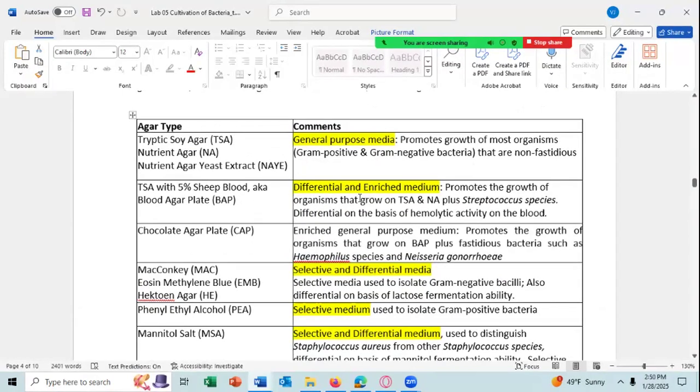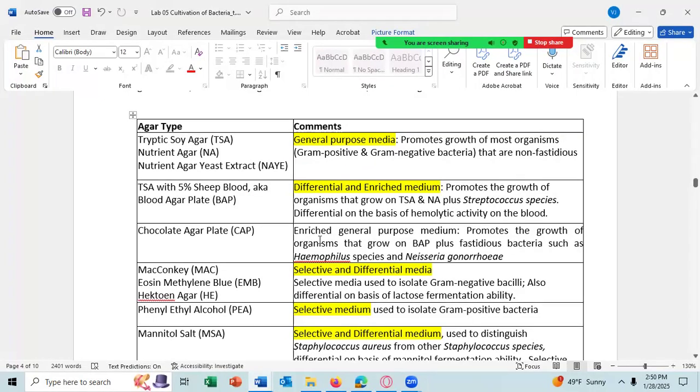And it's an enriched plate because it has blood in it, which supplies the nutrients for many fastidious organisms to grow. There's also an enriched general purpose media, chocolate agar, or CAP. It supplies the blood, but the blood is lysed, making the plate look brown and kind of like chocolate, which is why it's called chocolate agar.